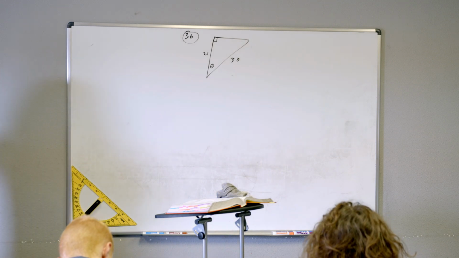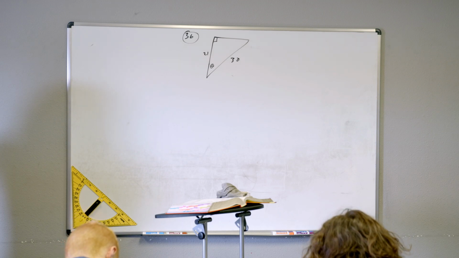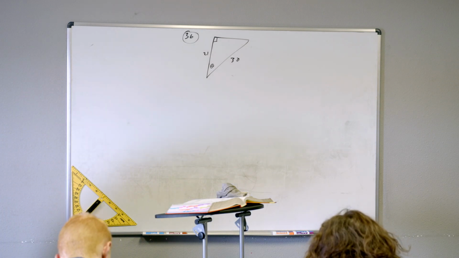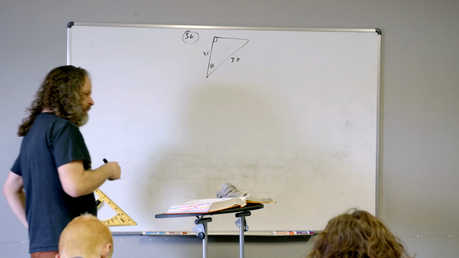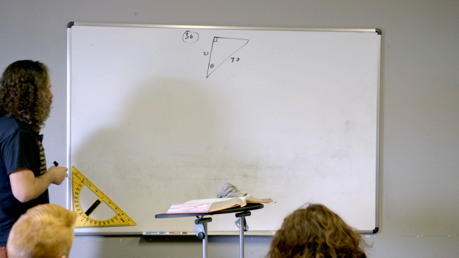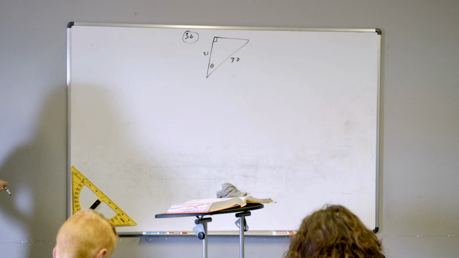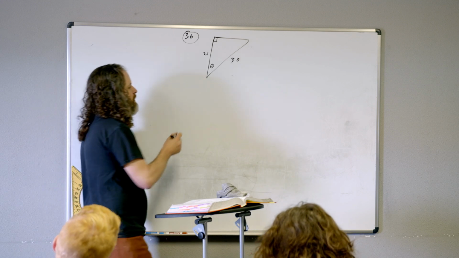What trig function are we talking about? Cosine. True facts. To find the angle, though, what do we need to use? Do we need to get the other side? The inverse cosine.